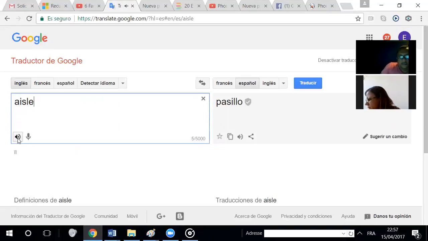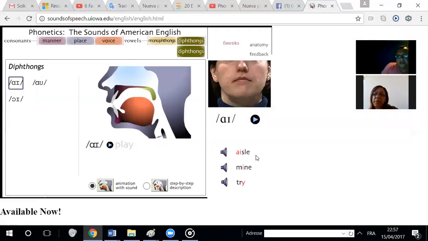Higher. Is that a word in French? No, not the same. In French, rayon. Hazel, no. Again. Isle, aisle, isles, forget the S. Try, mine.